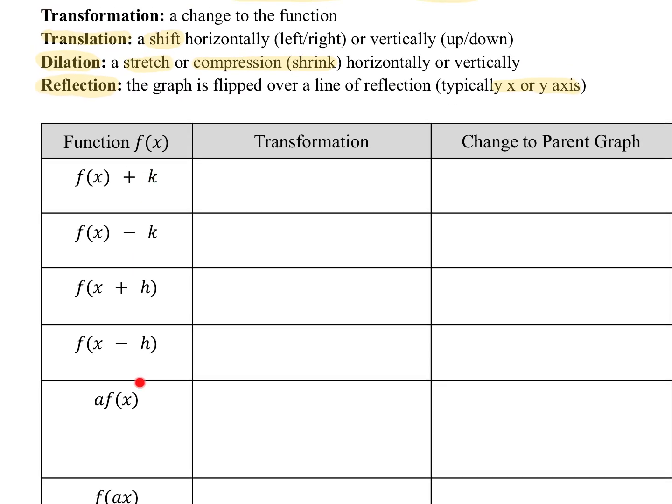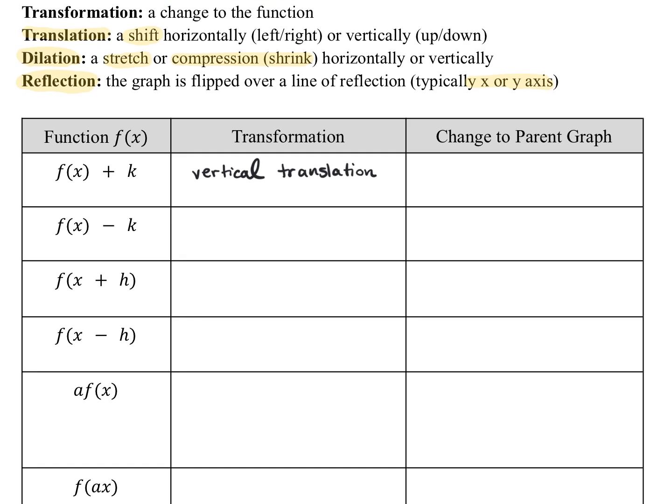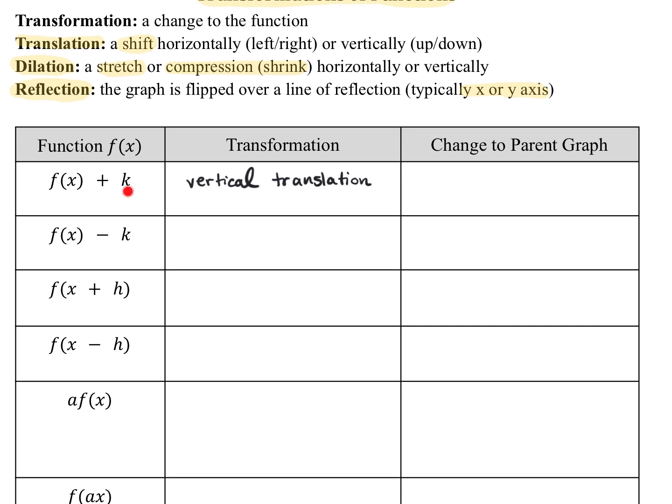But depending on where they are being added or subtracted will tell you if it's vertical or horizontal. Anything that's done outside of your parentheses that's not directly affecting x is going to be vertical. So this is going to be a vertical translation. And since here we have a positive k value, it's plus k, this is going to shift our graph up.